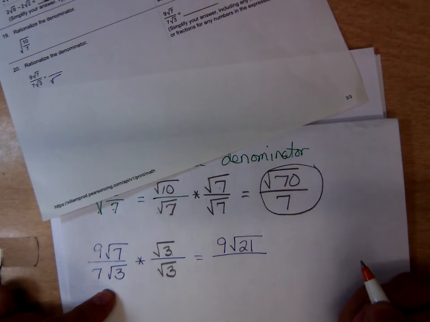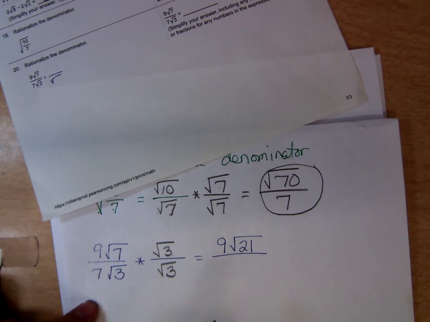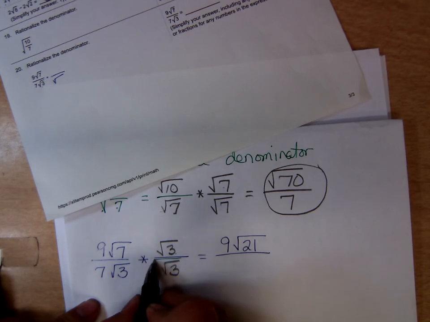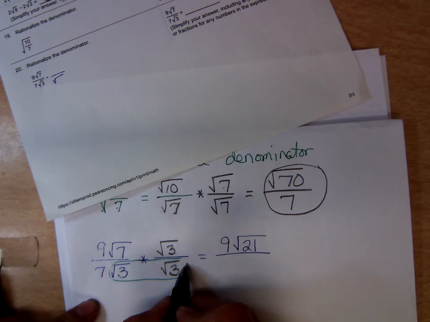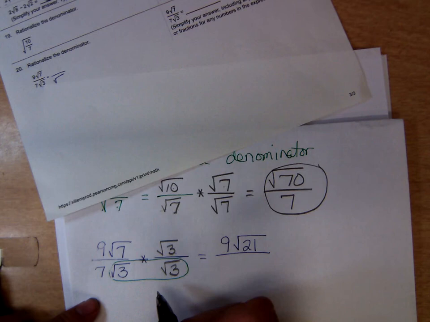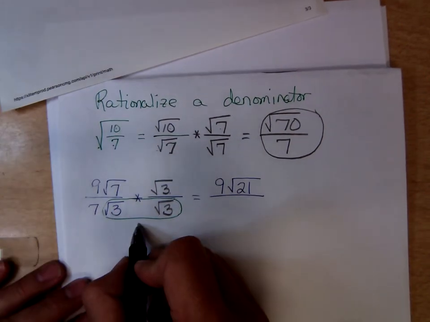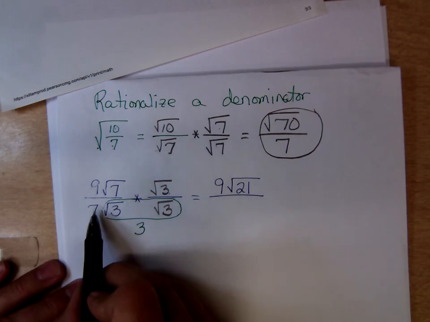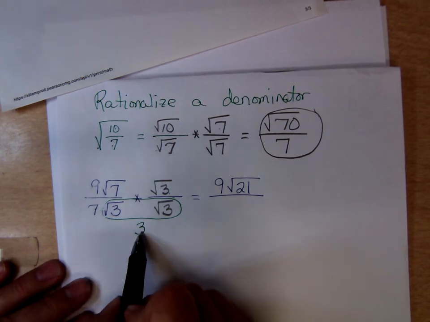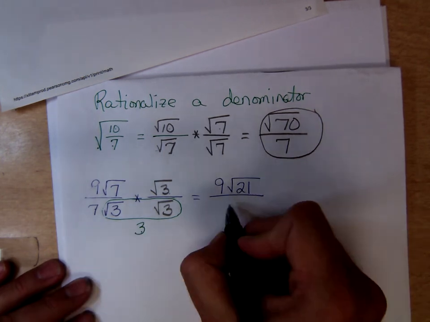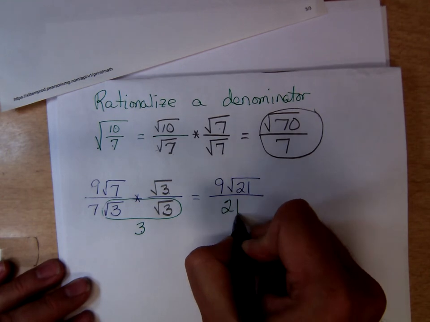Now here it gets a little tricky. The square root of 3 times the square root of 3, we don't need to write that as a square root of 9. We can just say the square root of 3 times the square root of 3 is 3. So on the bottom we have 7 times 3, which is 21. Notice we no longer have a square root in the bottom, which is what we wanted.